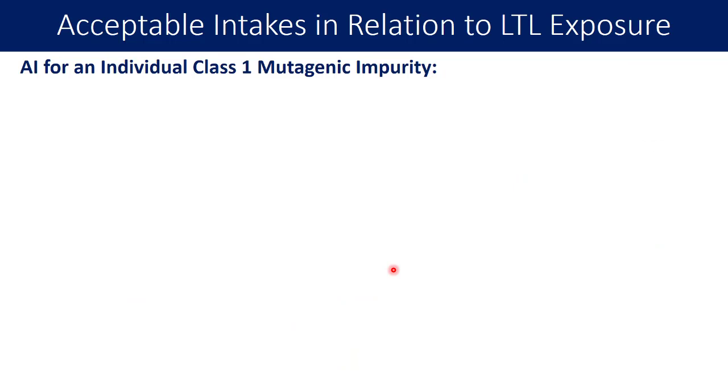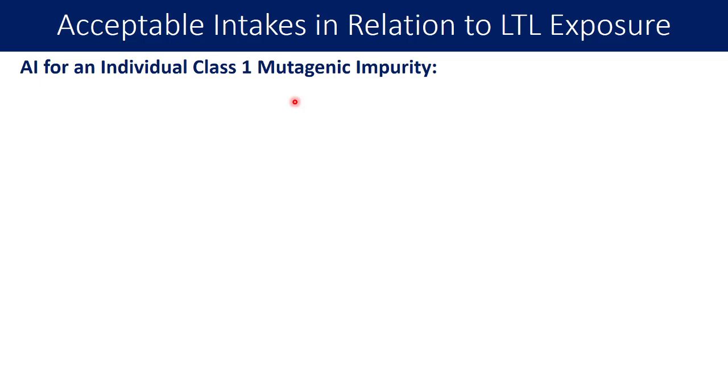Acceptable intake for an individual class 1 mutagenic impurity. Now, whatever I talked about regarding acceptable intake in the earlier presentation until this time is for class 2 or class 3 impurities. What is meant by class 2 or class 3 impurities? These are mutagenic impurities for which you do not have the toxicological data.